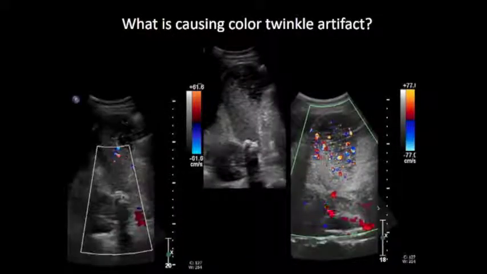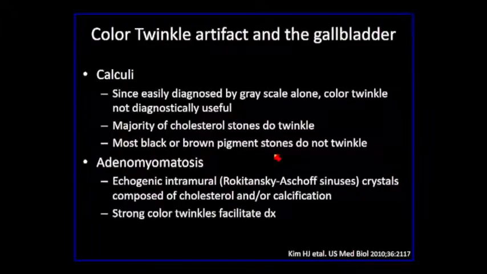How about color, right? You think stones, you think in the kidneys, turn on the color, look for twinkles. Sometimes, it often is very helpful. Is it helpful in the gallbladder? Well, there are lots of twinkling things in the gallbladder. Sometimes they're stones. More often than not, they're not stones. So here's lots of twinkling in this gallbladder, but you'll notice most of it has to do with all this sludgy stuff and not terribly much with the calculi.